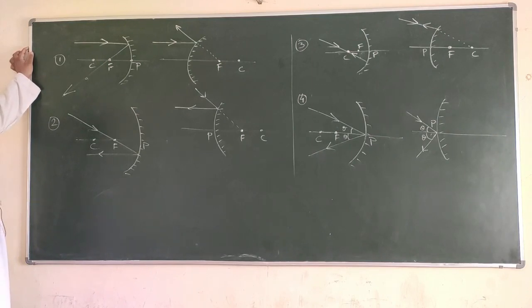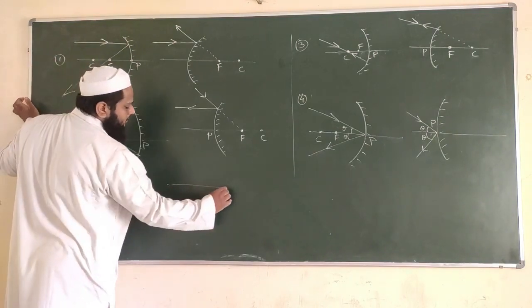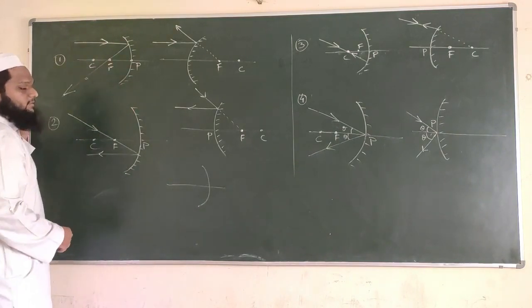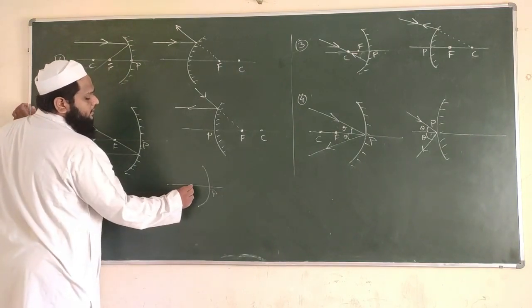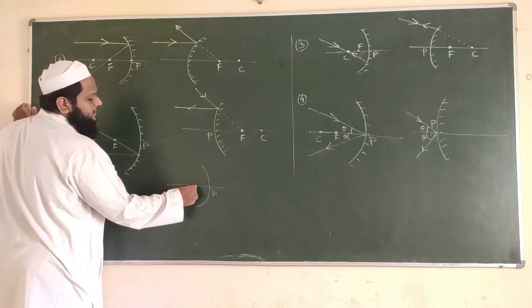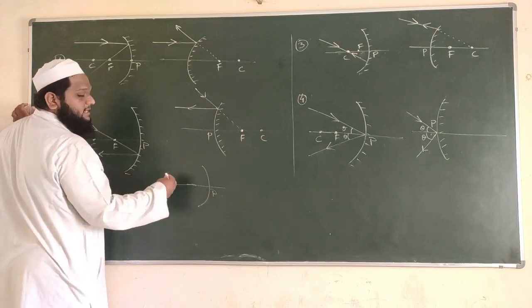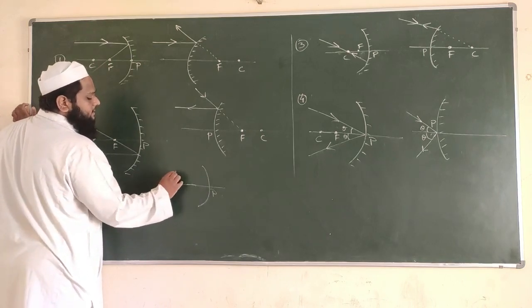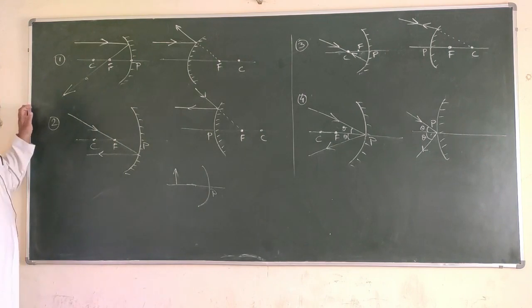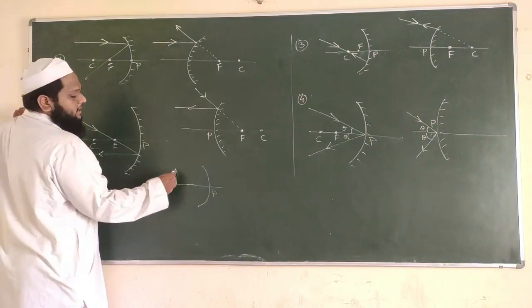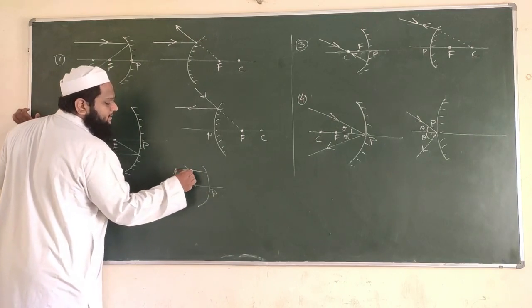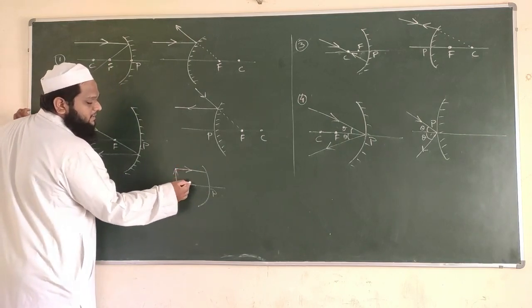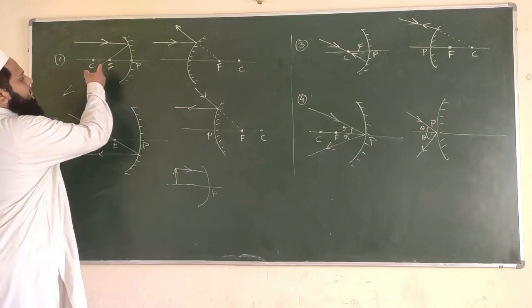So how can you find this out? For example, you have your mirror, you have the pole. Let us not get into details of center and focus. Say this is your object. Clear? Now we know that the ray passing from the object parallel to the principal axis follows the first rule.